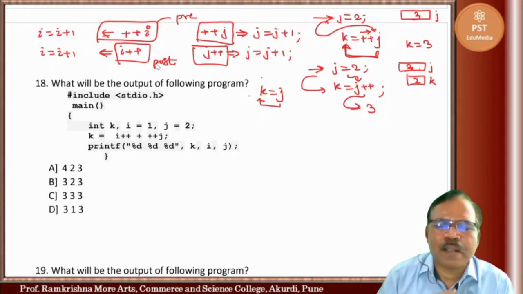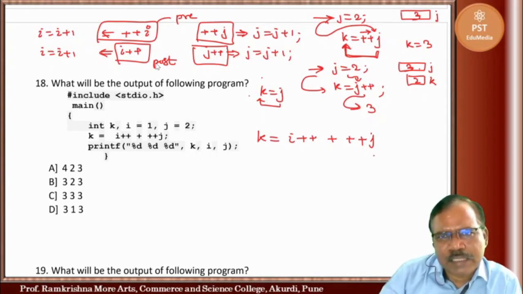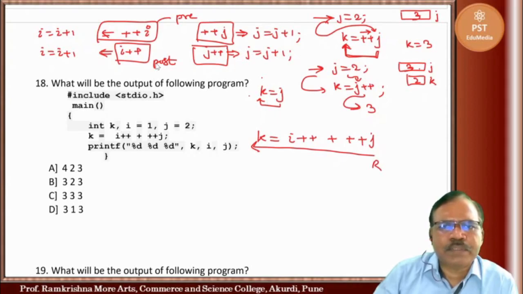Yes, sir. So what happens here? We have k is equal to i++ + ++j. Now see here, this expression is evaluated from right to left. Here i equal to 1, j equal to 2.